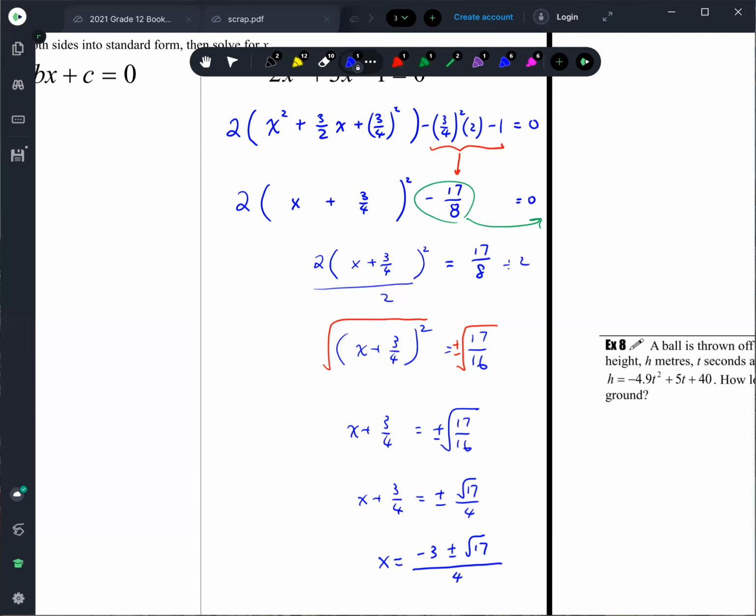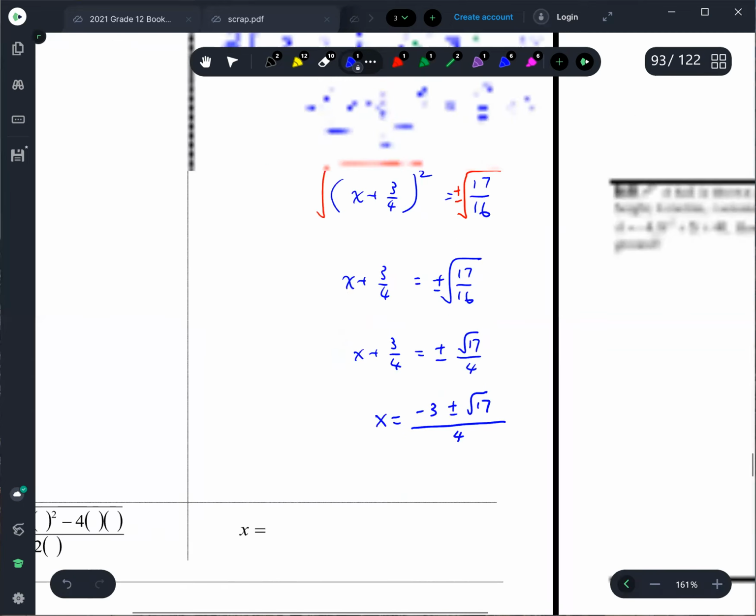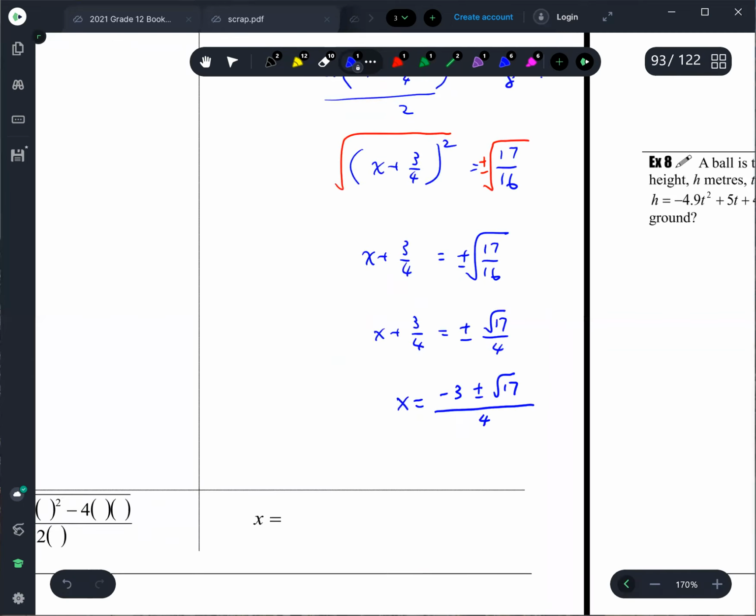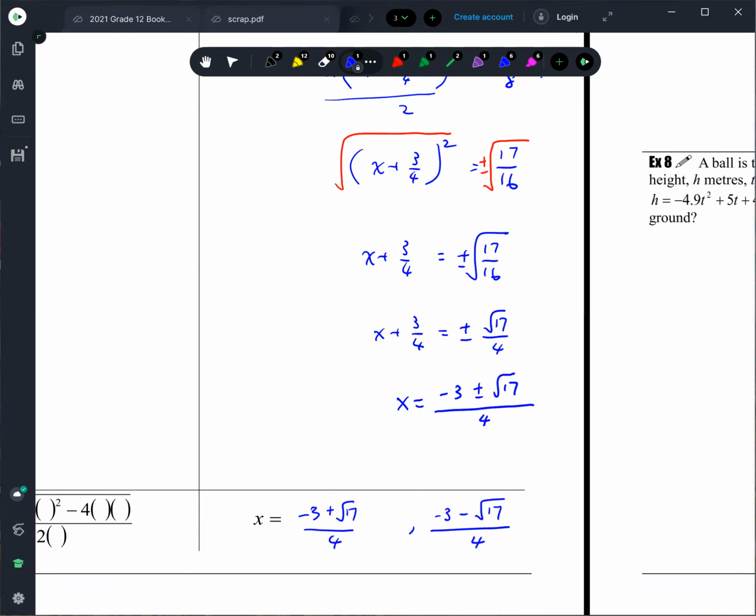Okay, so what this means is you have two answers. You have one answer using the plus, and the other answer using the minus. So put it together, you just write plus minus, but it actually represents two numbers.